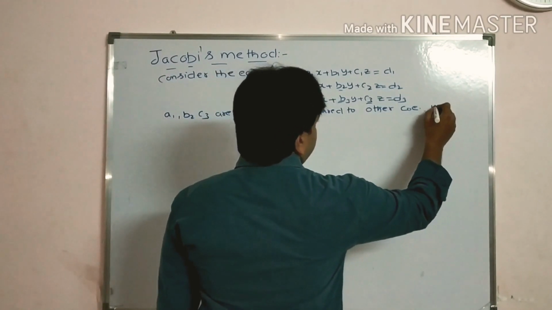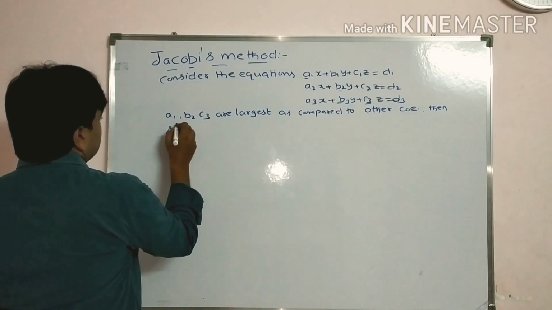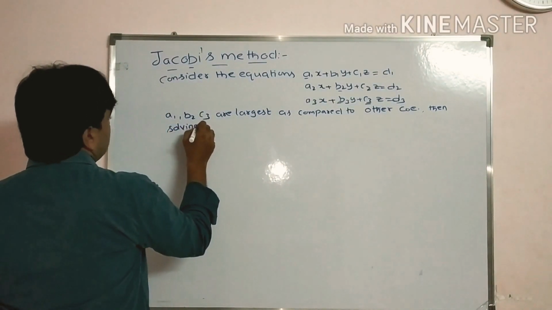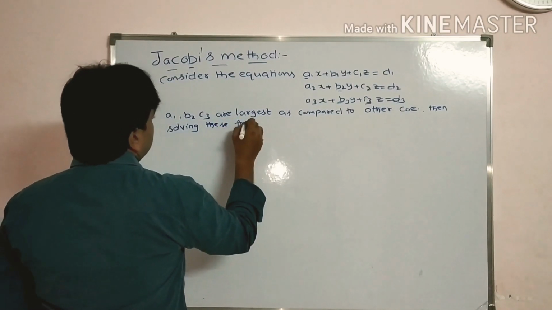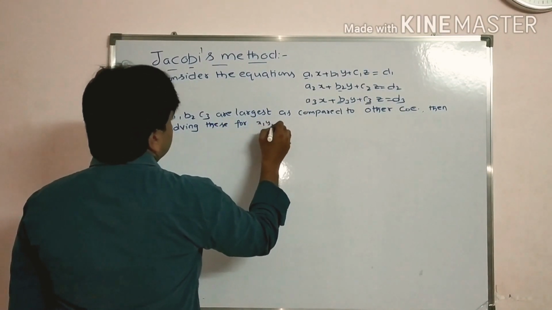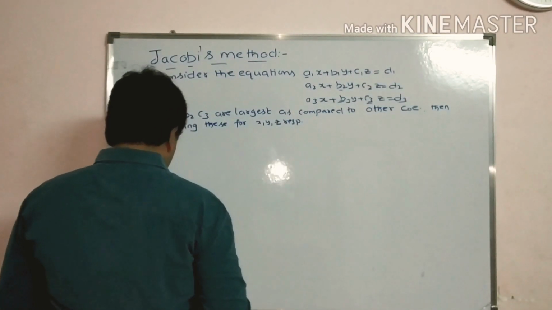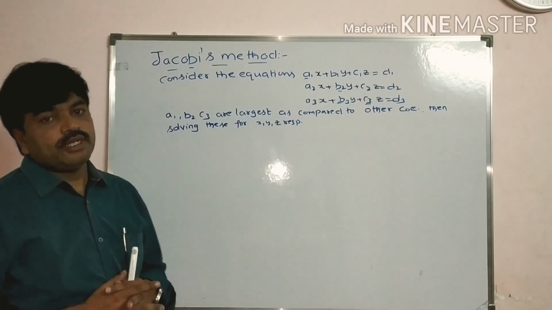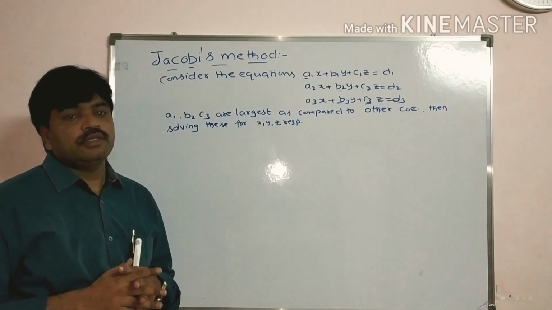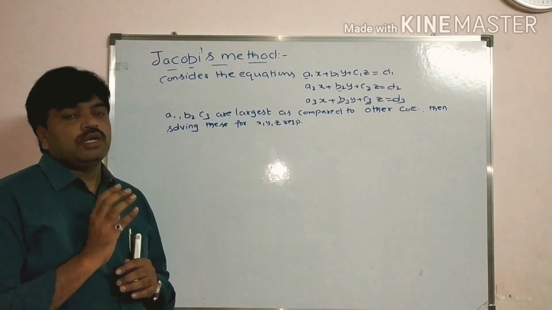Then solve these for x, y, z respectively. Please remember here, students, in Jacobi's method, the diagonal elements are the largest numbers as compared to the other elements.